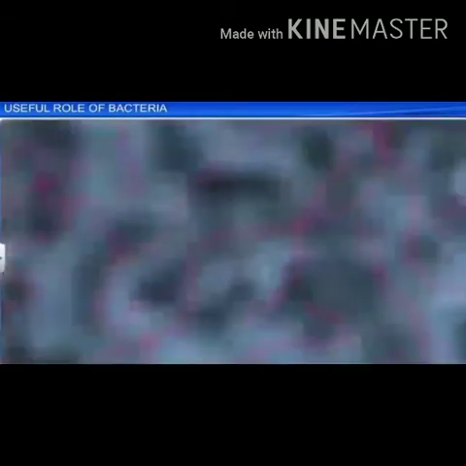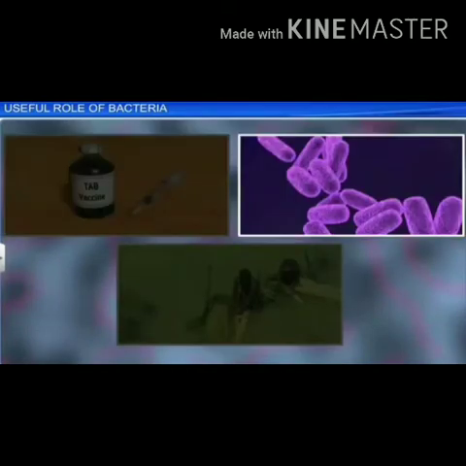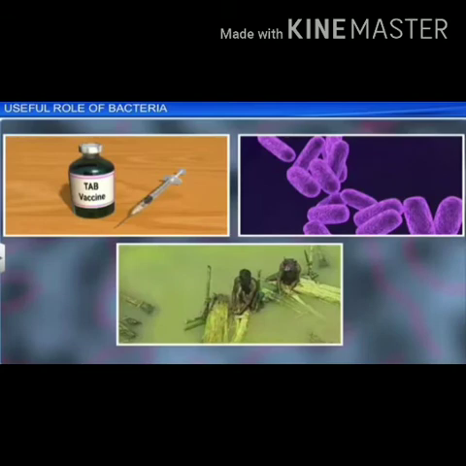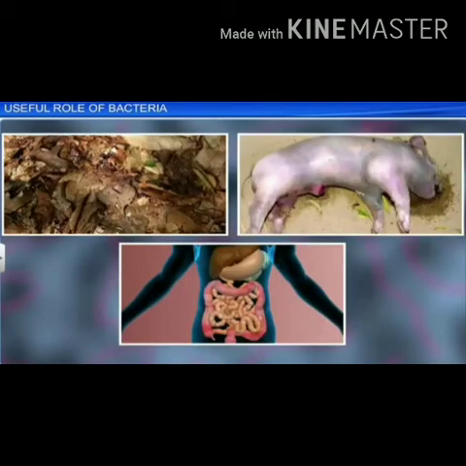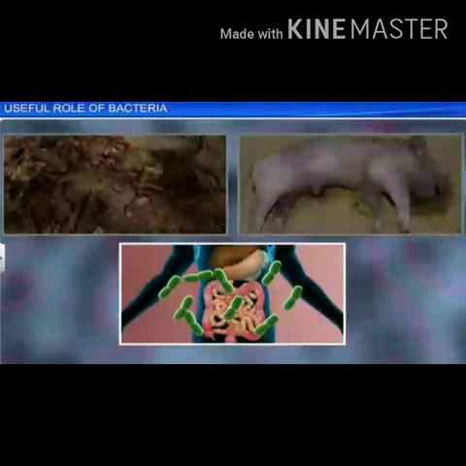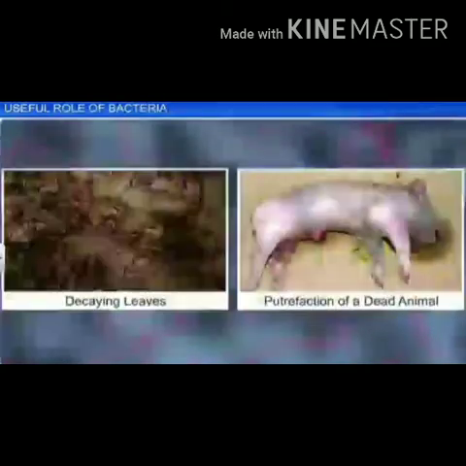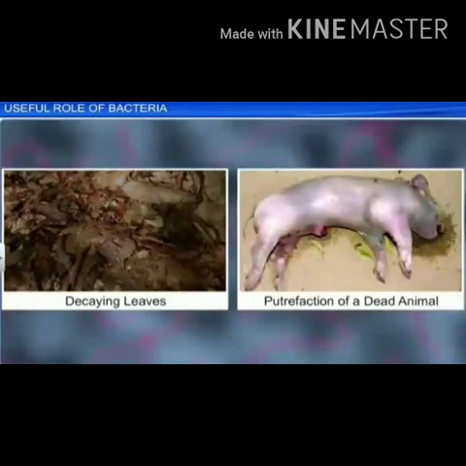Besides playing a useful role in medicine, agriculture and industry, bacteria also play an important role in performing functions like decay, putrefaction, and synthesis of vitamins and minerals. One of the most important uses of bacteria in nature is for decay and putrefaction.